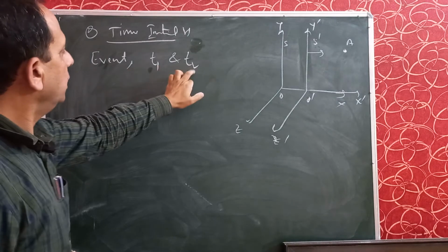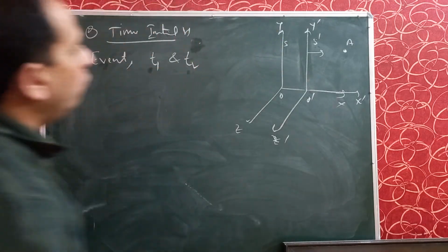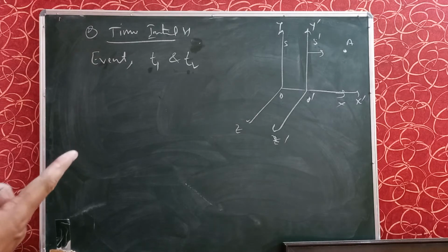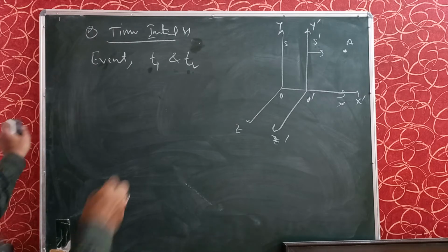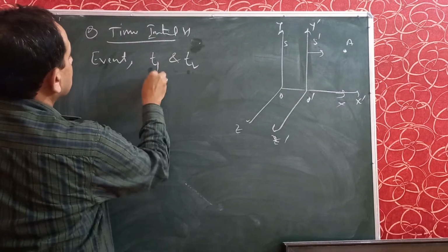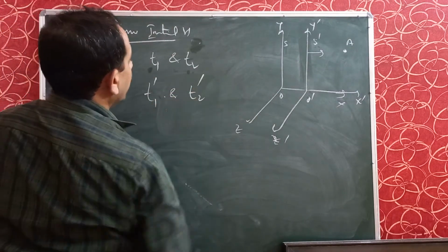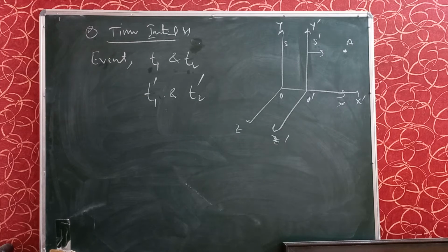So this happens in the S frame. When that same event is observed by the S dash frame, then this event has two readings, T1 dash and T2 dash. Because the observation is different, but the event is the same.